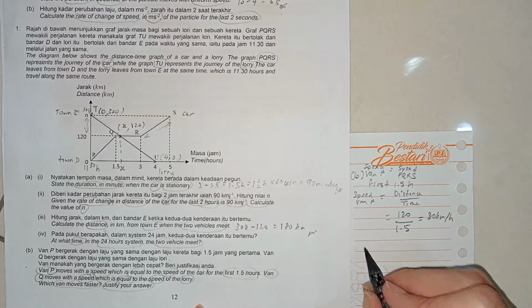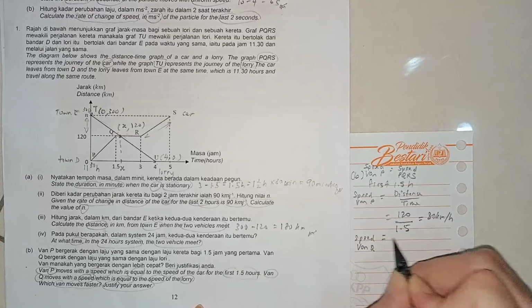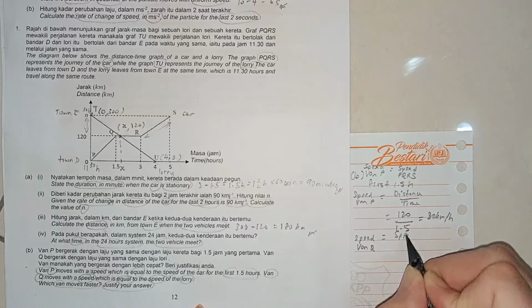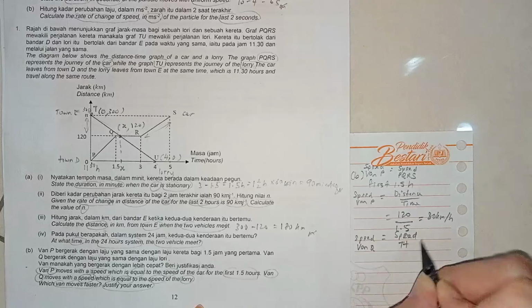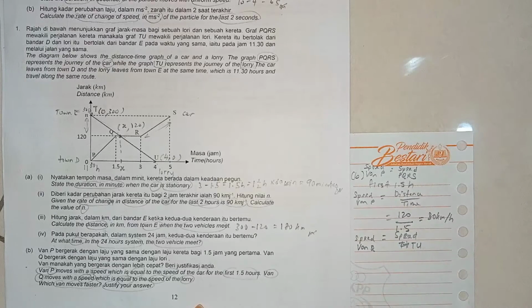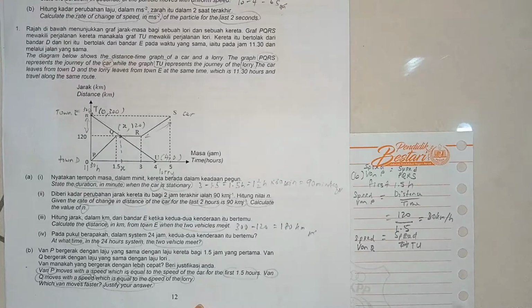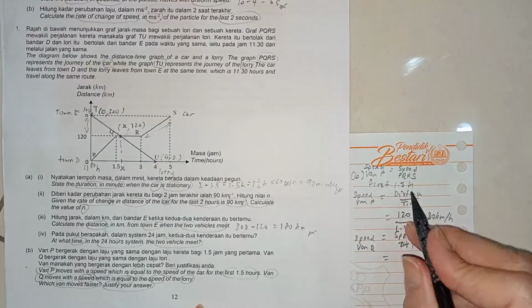Okay, then the speed when Q equal to speed of lorry, TU. Speed when P equals to speed of TU. So you need to find the distance over the time.